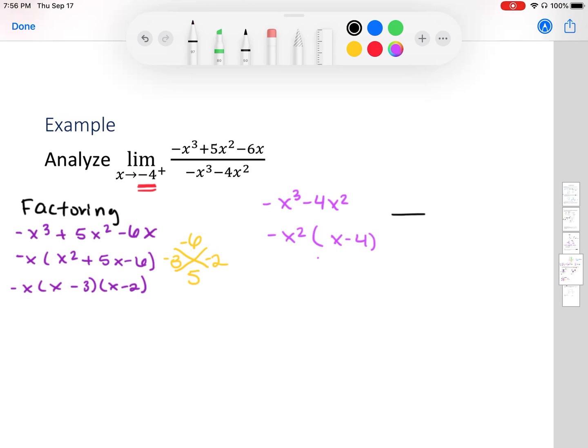Our new function is negative x times x minus 3 times x minus 2 divided by negative x squared times x minus 4. And we see that we can factor out an x, making this x to the first power. And that's about it.